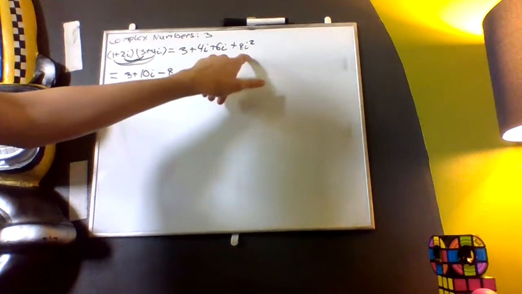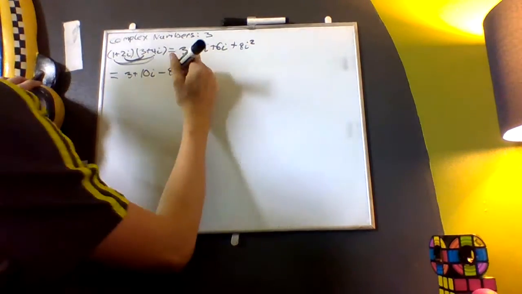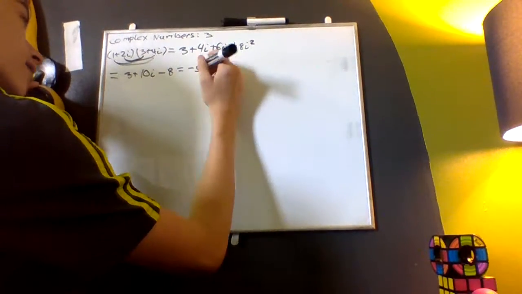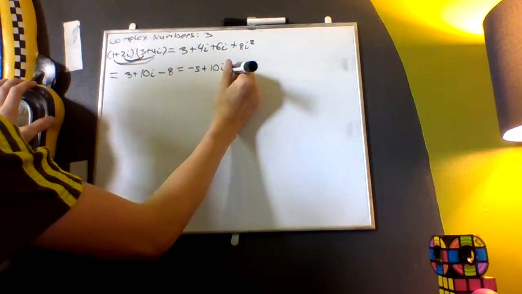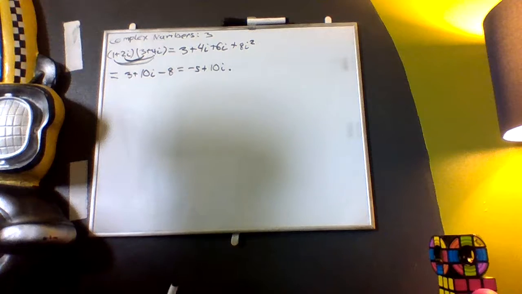Because i squared is -1 as we defined it. So this is going to be -5 plus 10i. That's what we're going to get out of it. Okay?